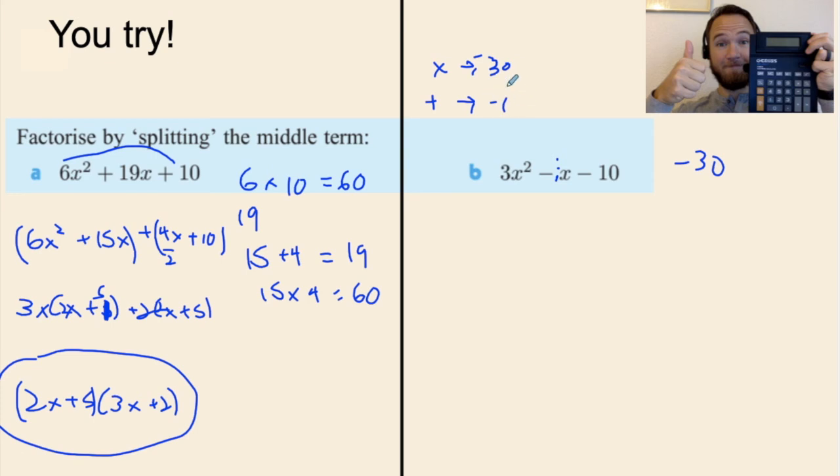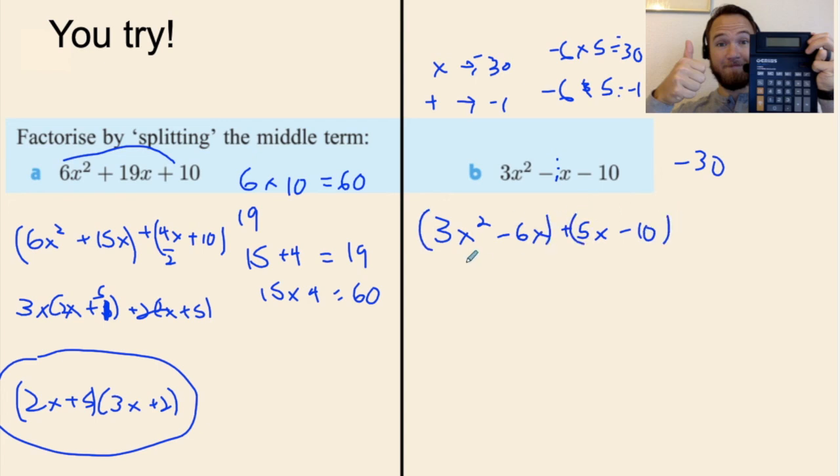Okay, 5 and 6 are close. They might add to negative 1. Yeah, if I have negative 6 and positive 5, if I add those together, that's negative 1. And negative 6 times positive 5 is negative 30. Okay, so that works. So 3x squared minus 6x plus 5x, okay, minus 10.